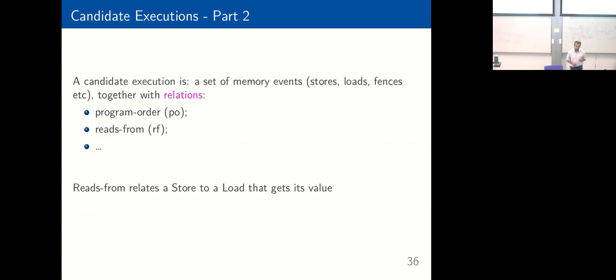The relation starts from a store and goes to a load. The idea behind this reads from relation is to say that said load got its value from said store, which among other things implies, of course, that this store and this load must have the same value.